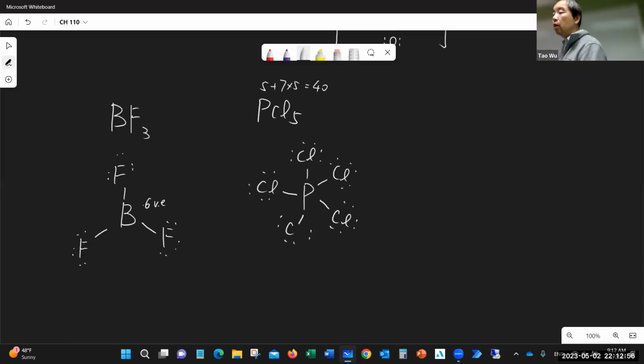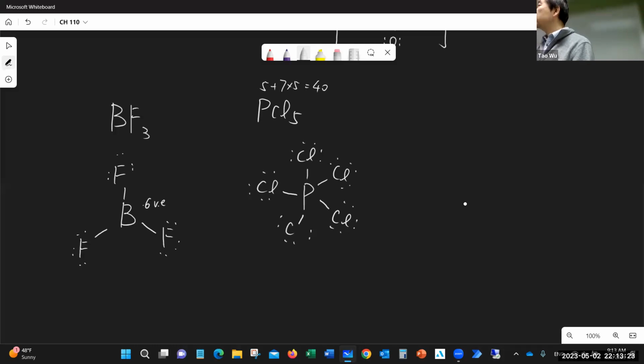So the central phosphorus has 5 bonds instead of 4 bonds. We know 4 bonds is 8 electrons. 5 bonds here is 10 electrons. So this is already more than 8. This is also an exception. But just to let you know, side atoms are never exceptions.